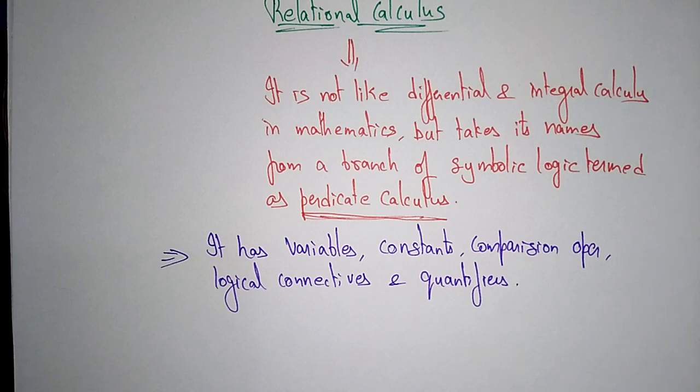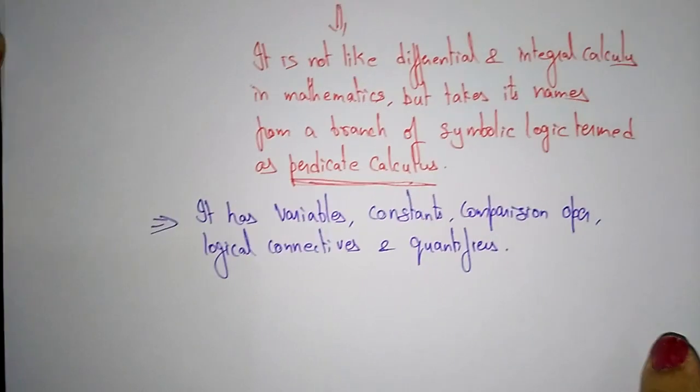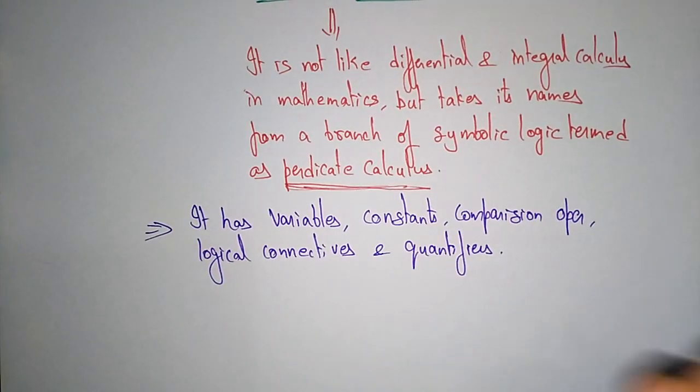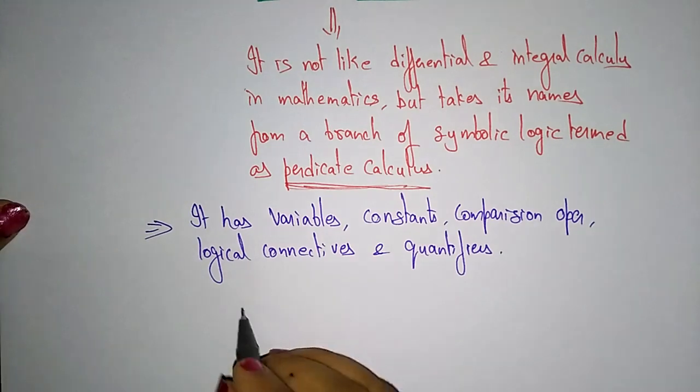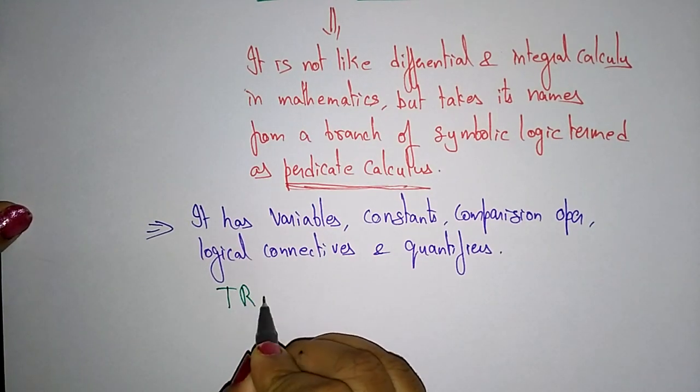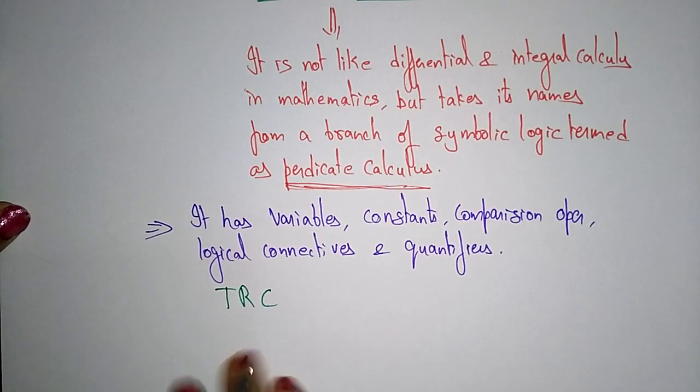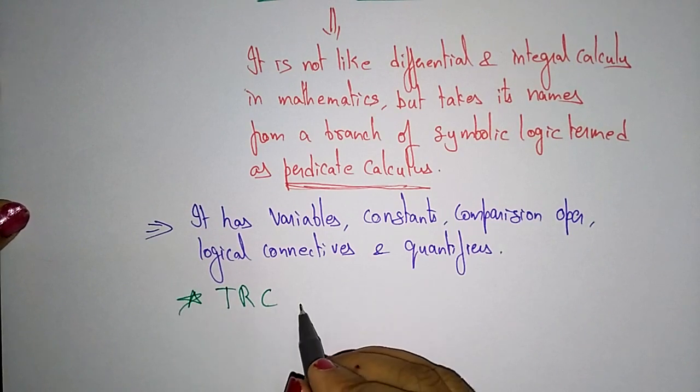There are two types of relational calculus in DBMS. The first is TRC, tuple relational calculus.